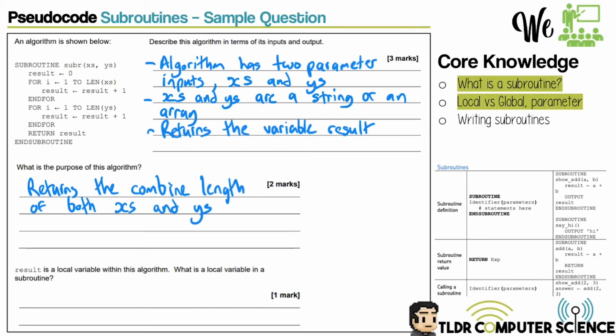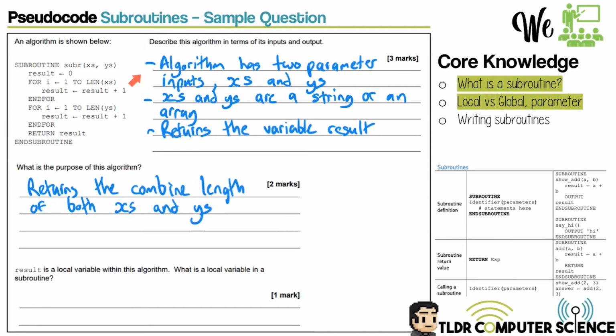And for the final bit, result is a local variable. We talked about this earlier. What is a local variable? So we can see result is there. Why is it local? It's local because it's declared inside this subroutine. That means that the local variable is only visible inside this subroutine.